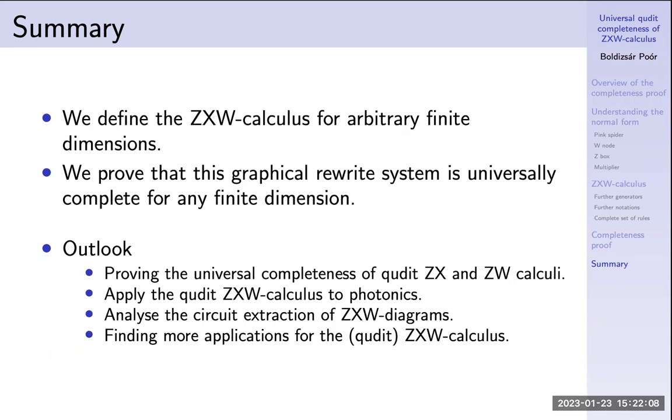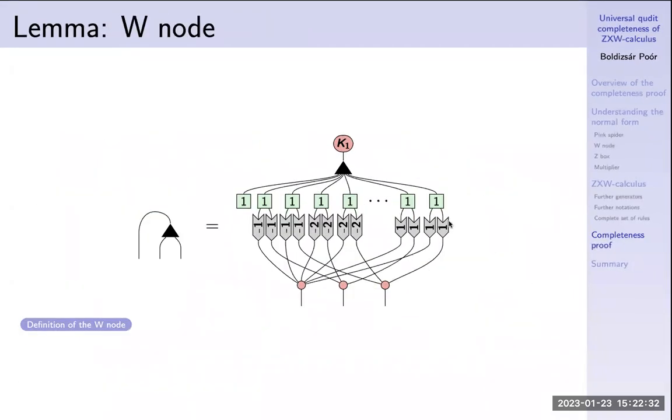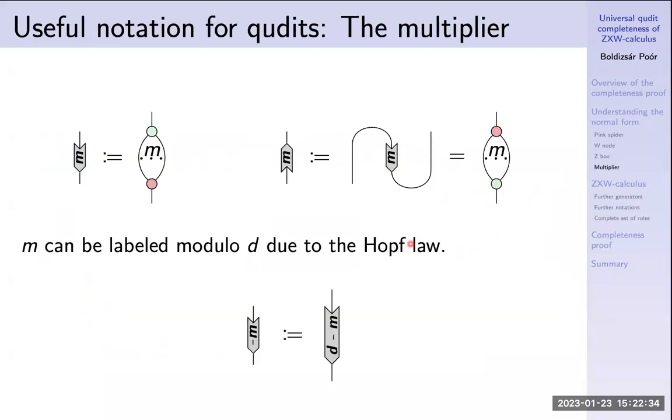Yeah, I have a question. It's not so much about the ZXW calculus in particular, but more about qudits. If you're working over qudits where d is not a prime, then the Hopf algebra induced by the Z and X monoid and comonoid corresponds to the ring of integers mod d, and you have this non-trivial zero divisor.